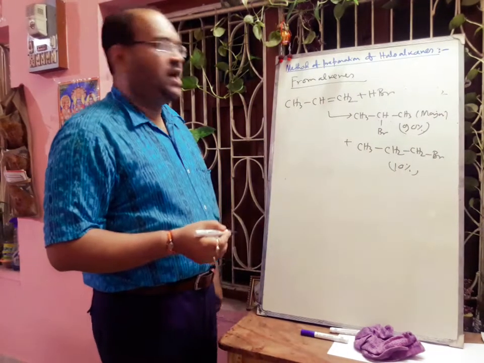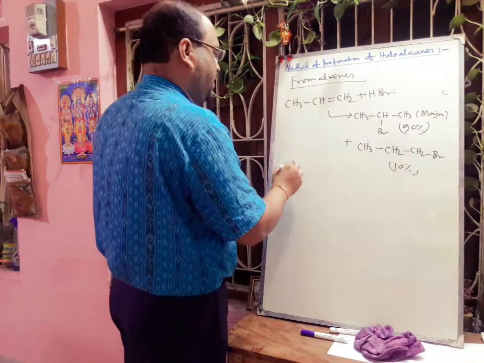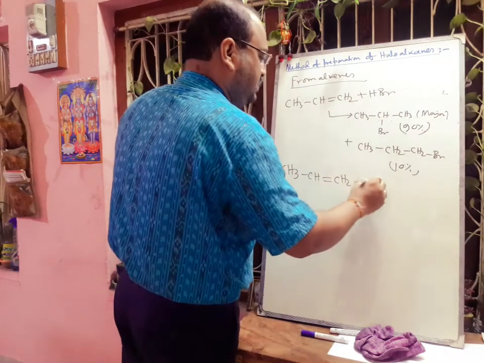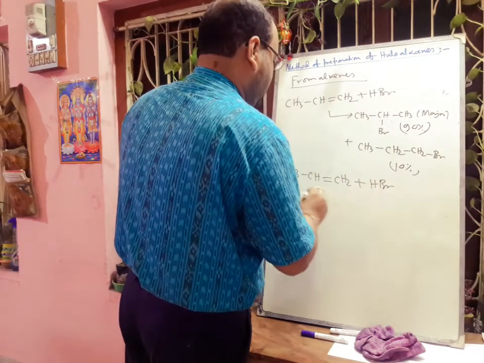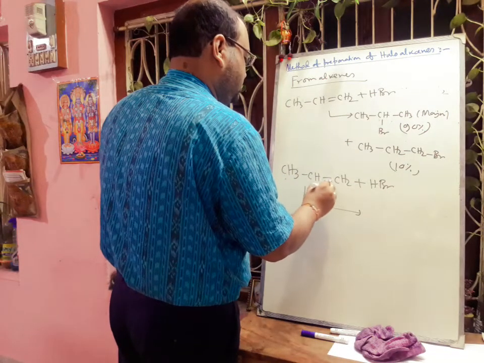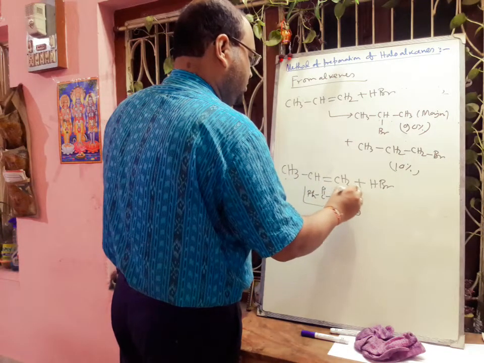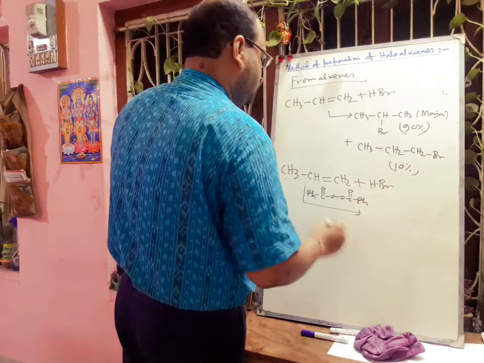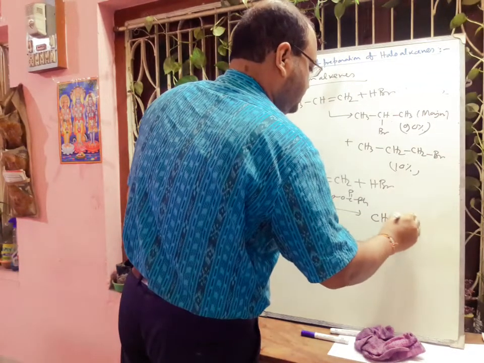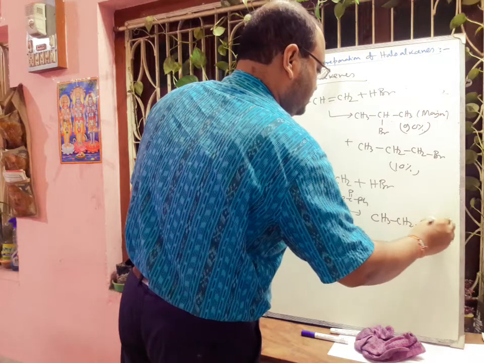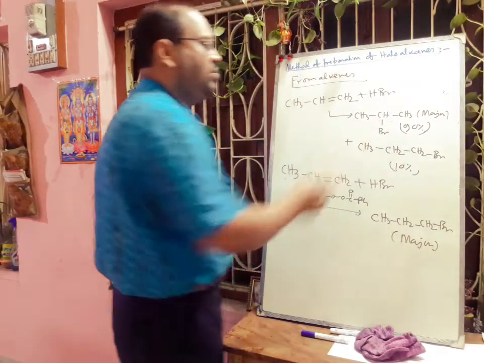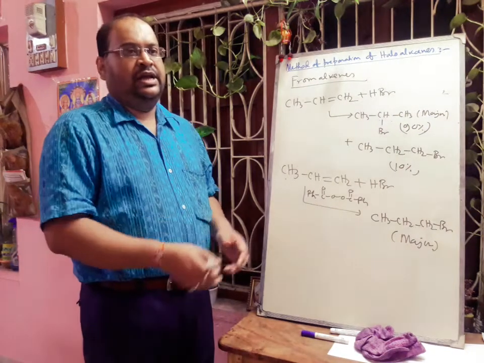But if we use organic peroxide here with HBr, that is, benzoyl peroxide, then we will get this as the major product, and 2-bromo will be the minor product.